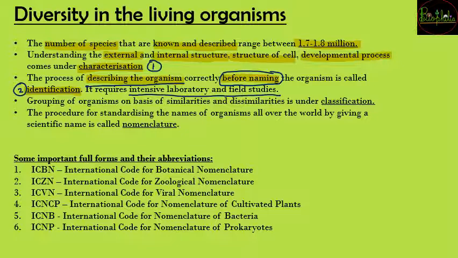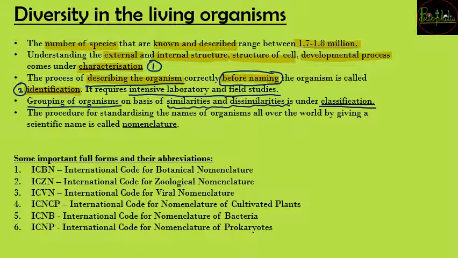अब finally जब आपको पता चल गया है that you have identified the organism, in that case you are going to group all the organisms together based on similarities and dissimilarities, and that would be called as classification.